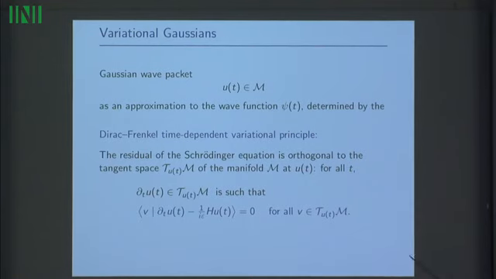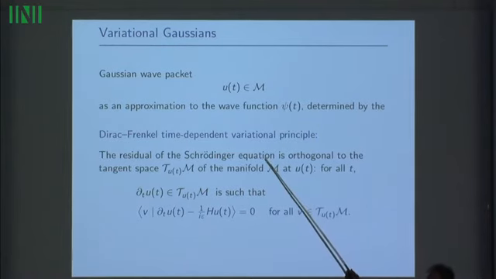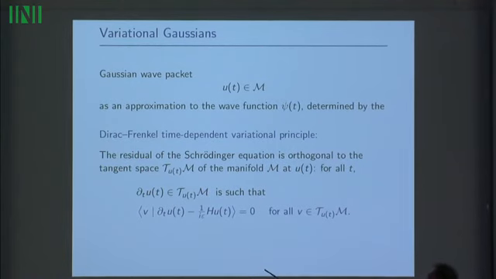And I presented this for the Gaussian manifold, but if you look to the chemist literature, almost all approximations that they construct are based on this variational principle. So they choose an approximation manifold. They never call it such, but it is. And then use this Dirac-Frenkel time-dependent variational approximation principle, one would say, in numerical analysis.